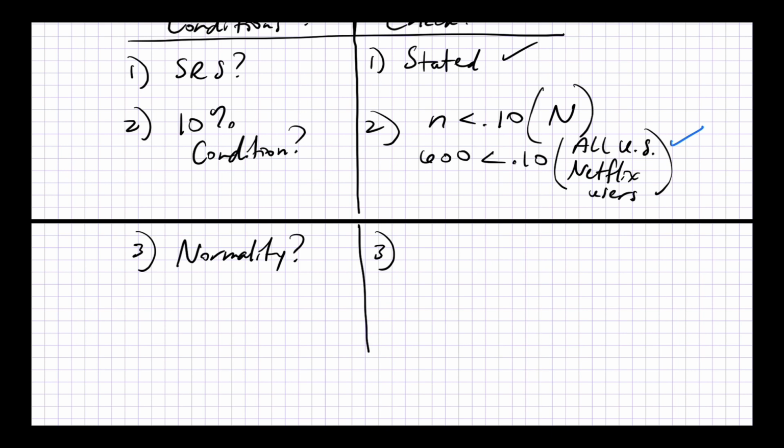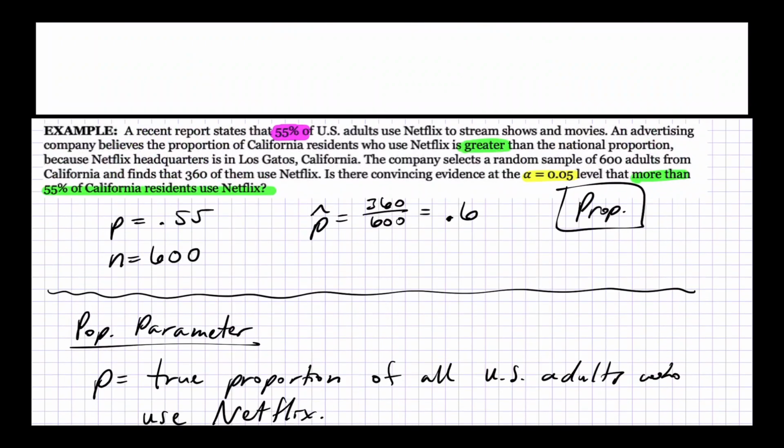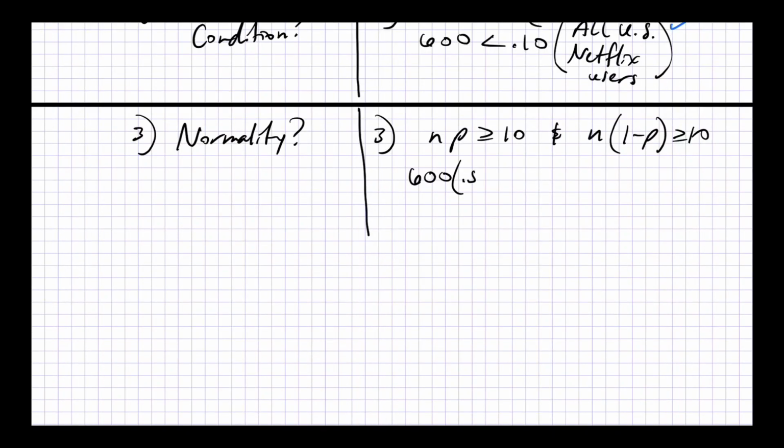We get, okay, so 600 times 0.55 is 300 and something. 330.